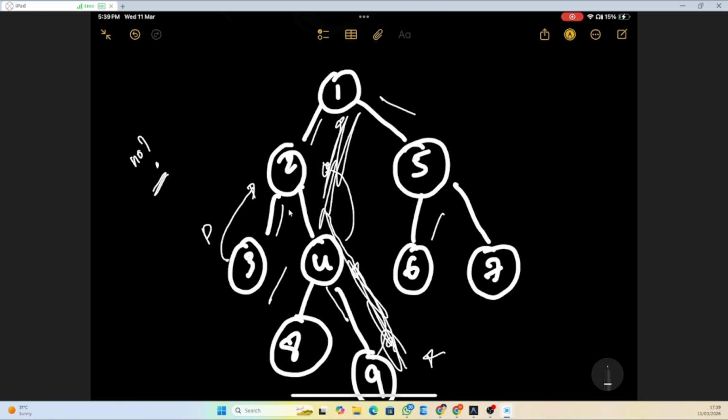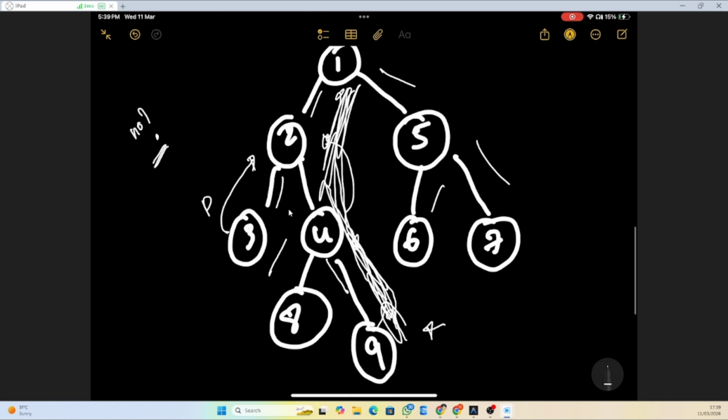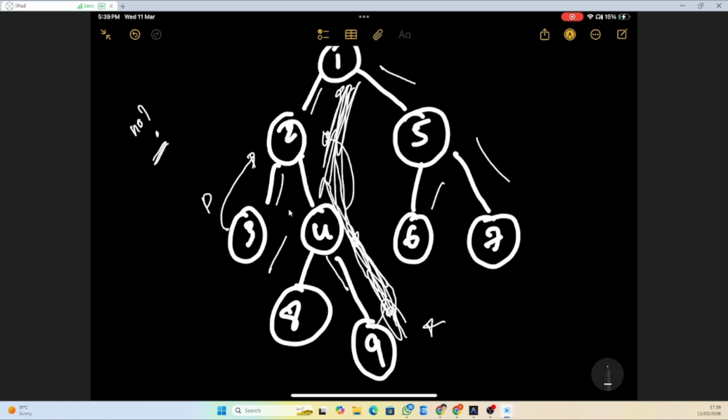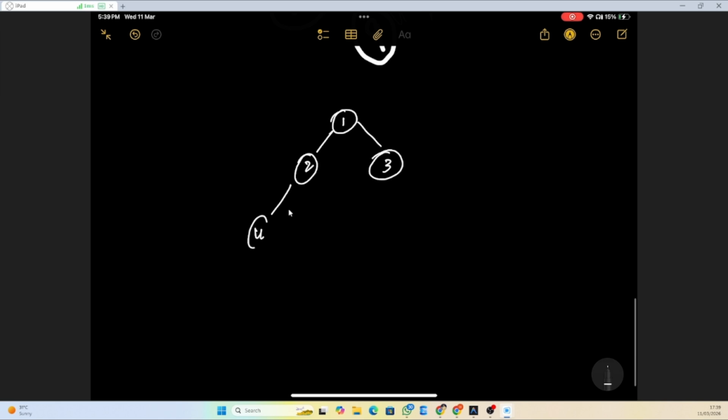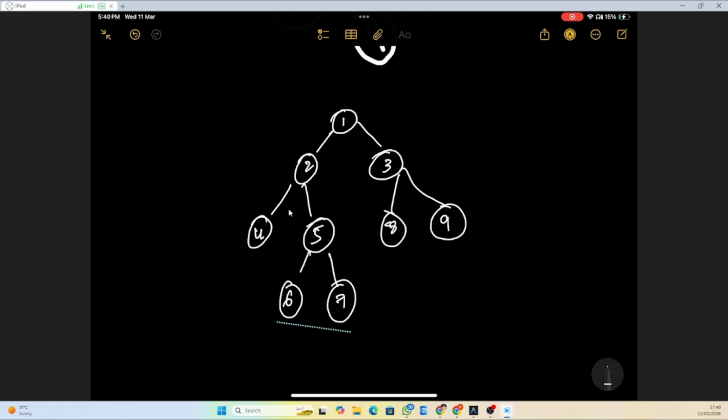You can't just have the path exactly till that particular node. Then think again, how can you solve this?